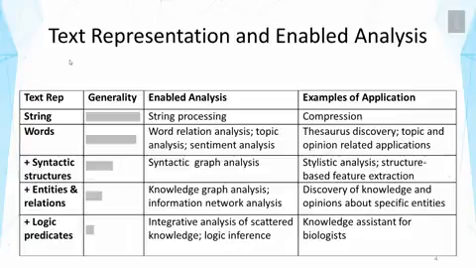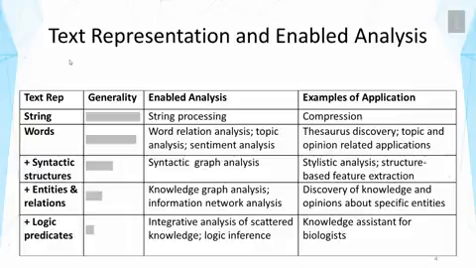You can also use this level of representation to integrate everything about the entity from scattered sources. Finally, when we add logical predicates, then we would enable logical inference, of course. And this can be very useful for integrative analysis of scattered knowledge. And for example, we can also add ontology on top of the extracted information from text to make inferences.